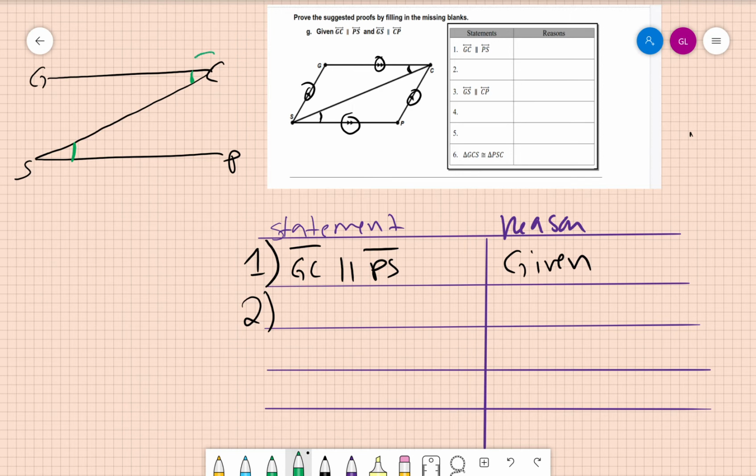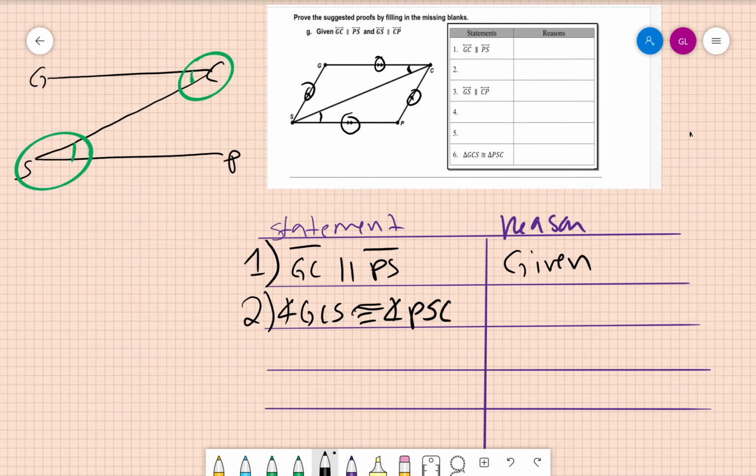So this top one right here is angle GCS. Angle GCS is congruent to this one right here, which is PSC. So it's congruent to angle PSC.